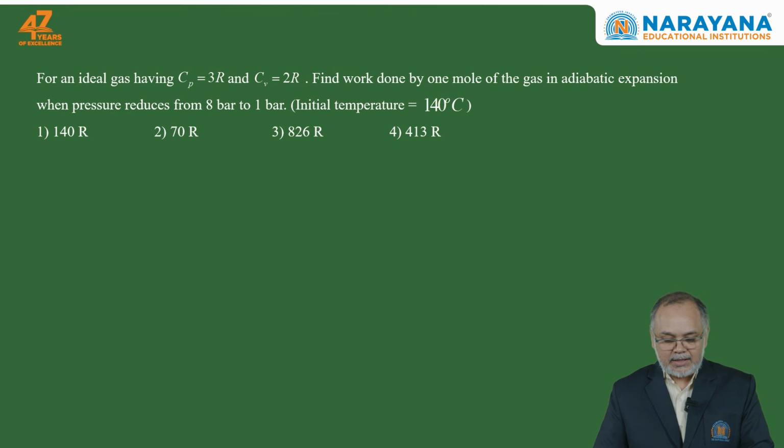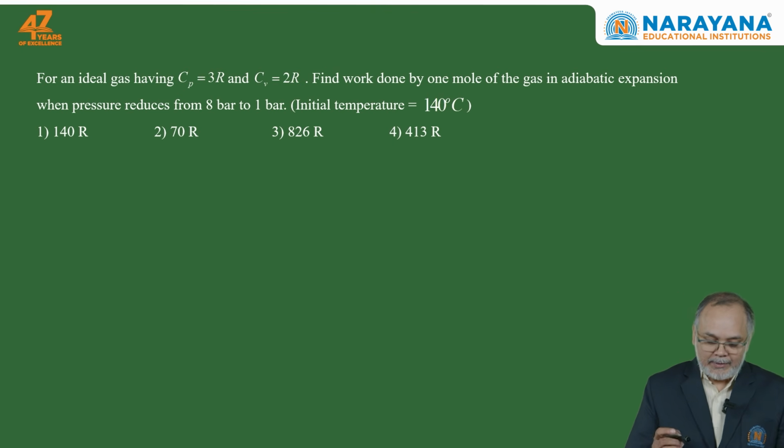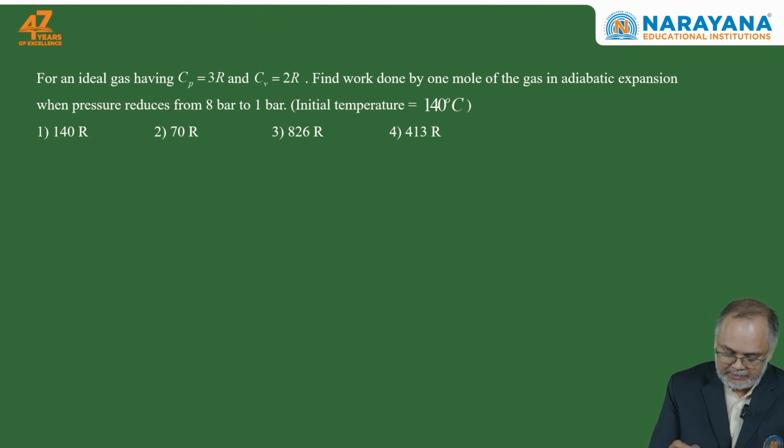Now the work done in case of adiabatic process, we can write delta W is equal to minus nCv (T final, let us say T2, minus T initial).